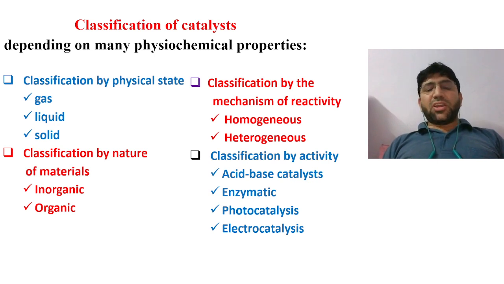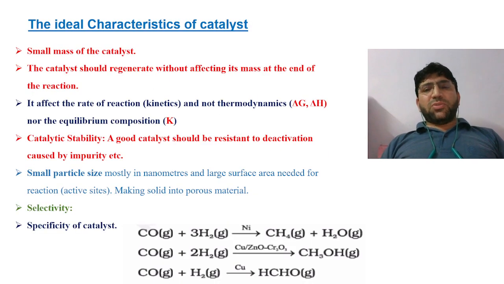On the basis of the nature of the catalyst, it can be an inorganic or organic material. And on the basis of activity, it can be an acid-base catalyst, enzymatic catalyst, that is biocatalyst, or photocatalyst or electrocatalyst.